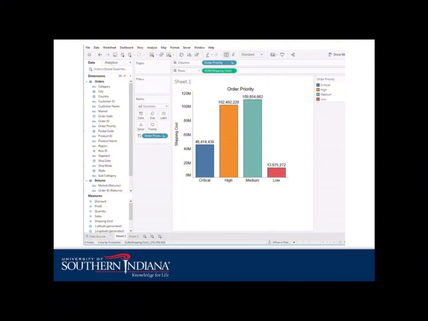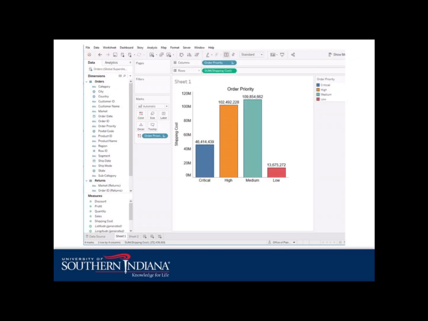Now the low, that is kind of what I expected. Low order priority has a much lower sum of shipping costs compared to any of the other order priorities. That makes sense to me. My instinct would be that critical order priority would have the highest shipping costs affiliated with it, but it doesn't.